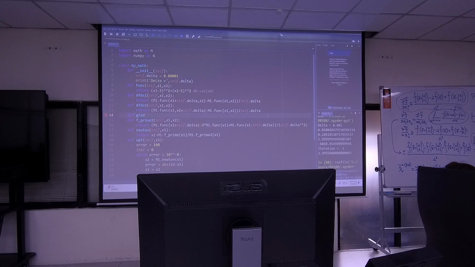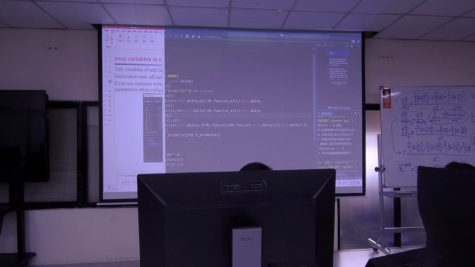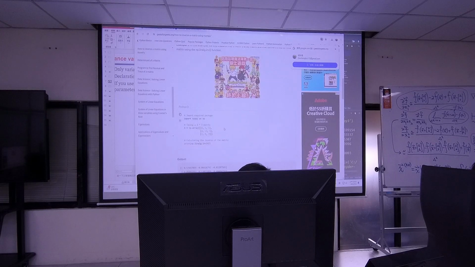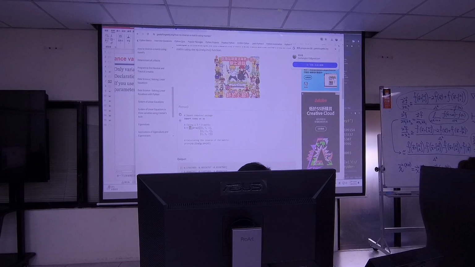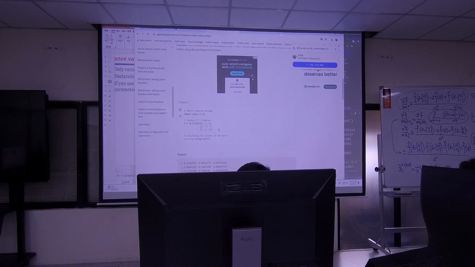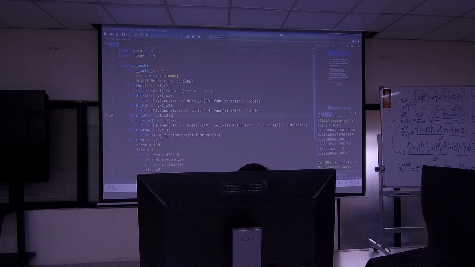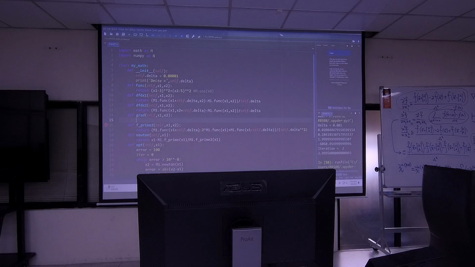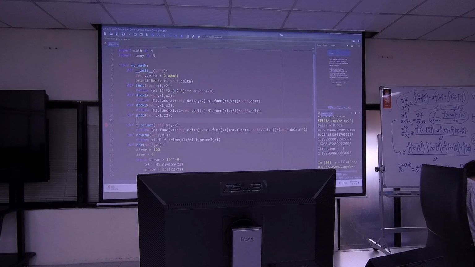For the gradient, I also need the values. So it's a vector. It has to be a vector. So the vector, I'm going to formulate as a NumPy array. So return a NumPy array. Okay.